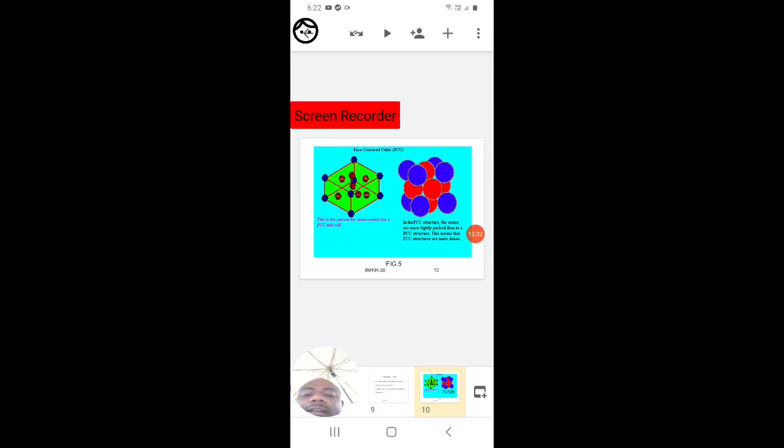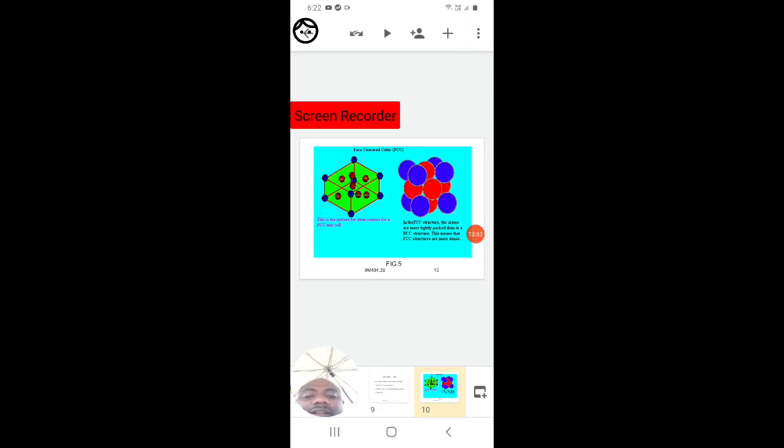This is the pattern of the atoms, with an atom at the center of each face of the FCC. In this FCC structure, the atoms are more tightly packed than in a BCC structure.